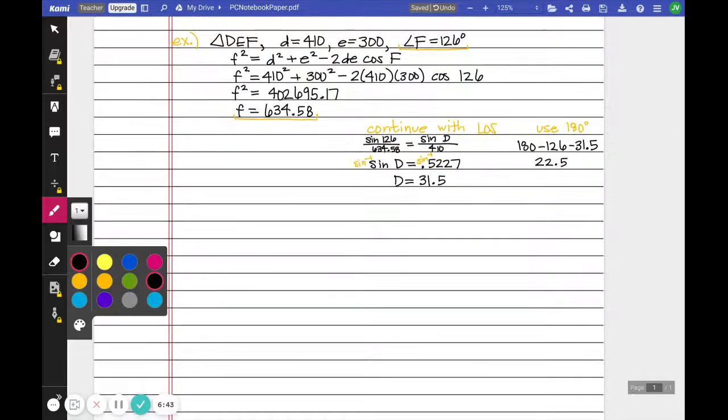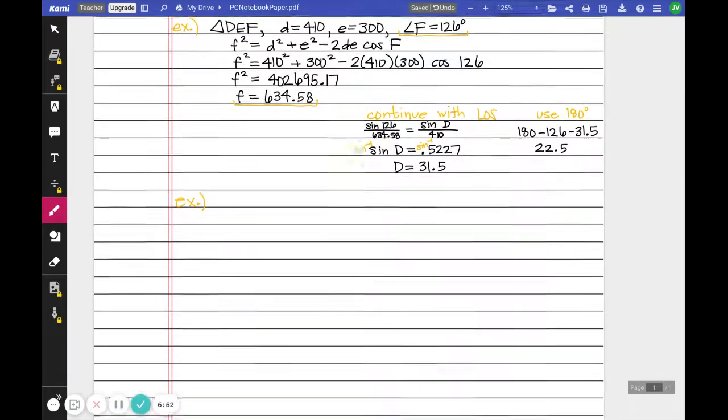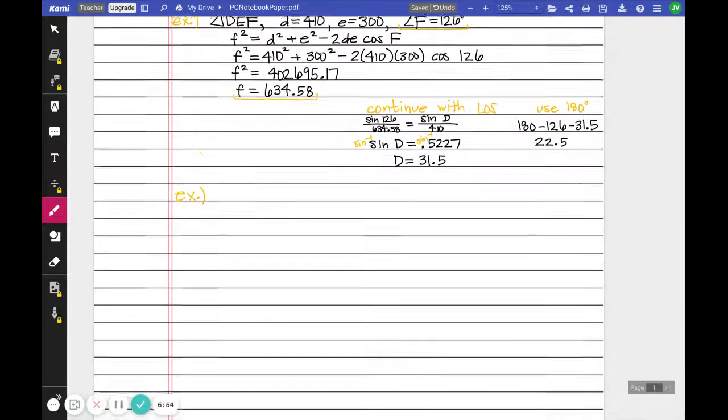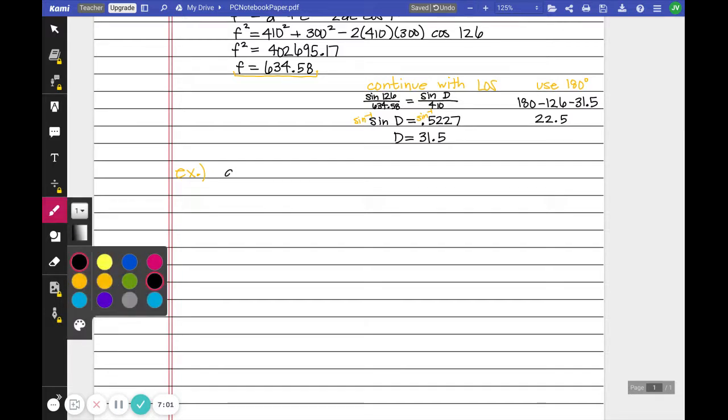I want to show you one more example. We won't work through the whole thing, but I want to start the conversation on side, side, side, since that last one was side, angle, side. I'm going to show you a pro tip to make your life easier.